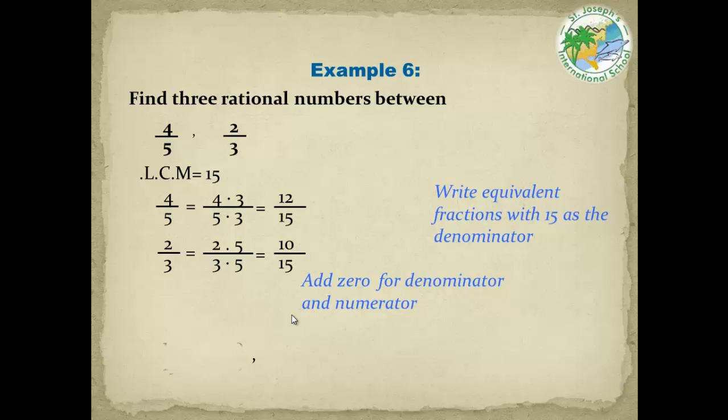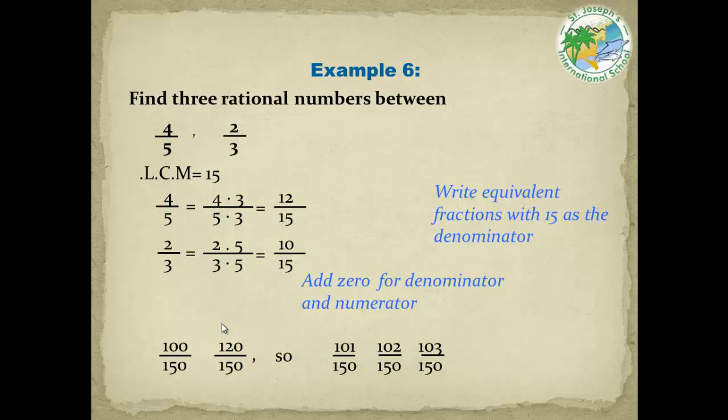Like for these fractions, 10, we write 0 in the numerator, so it becomes 100. We write 0 in the denominator, 150. Another fraction, the same. That means if we write the smallest fraction and then the greatest fraction, we write 0 in both numerator and denominator, so it becomes 100 over 150 and 120 over 150.